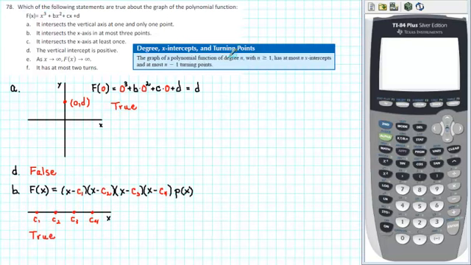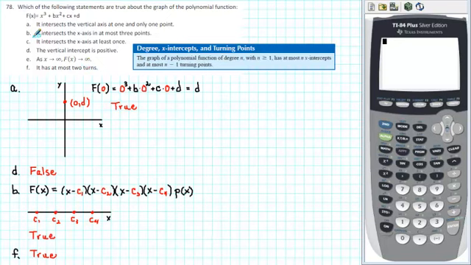Therefore, the polynomial function can have at most 3 x-intercepts and at most 3 minus 1, or 2 turning points. Therefore, we can also answer part F. Since our polynomial has degree 3, the graph has at most 2 turning points, and that means that F is true as well.